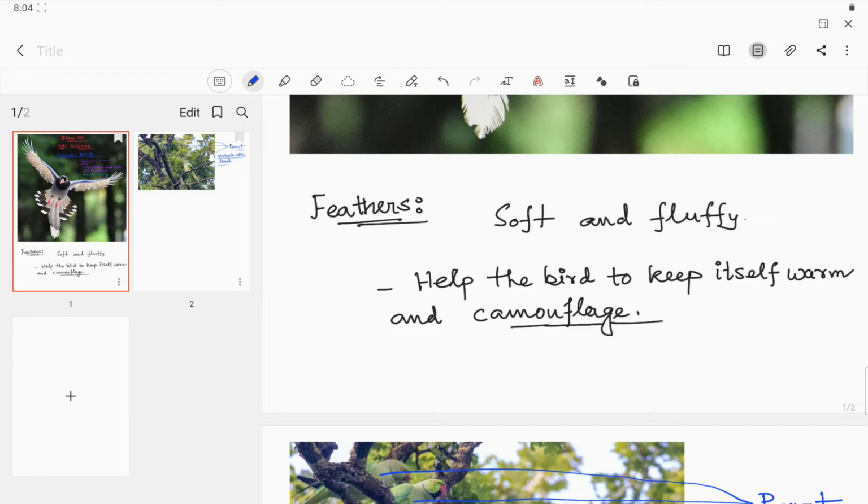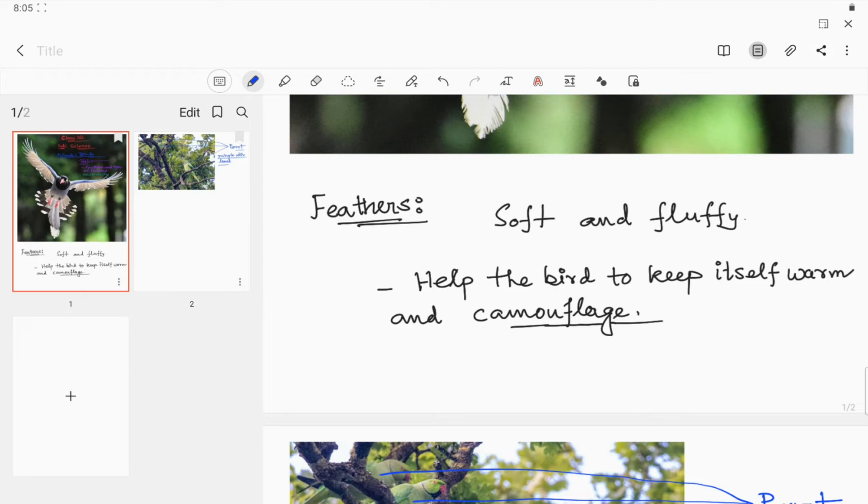If you take a feather and blow it, it will fly away because it is very light in weight. Due to this feature, a bird can fly, right?